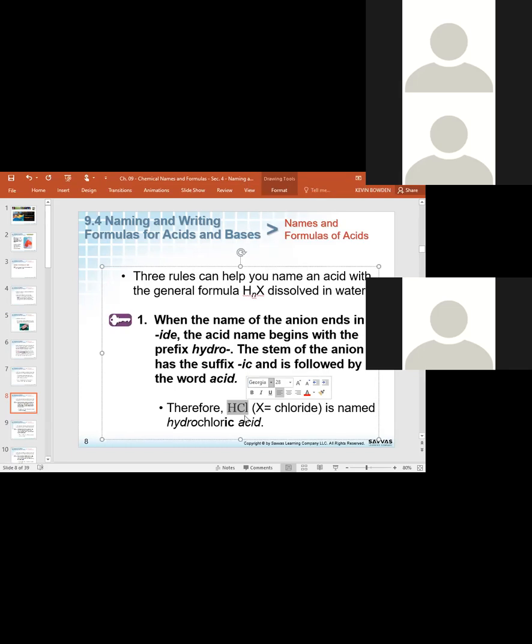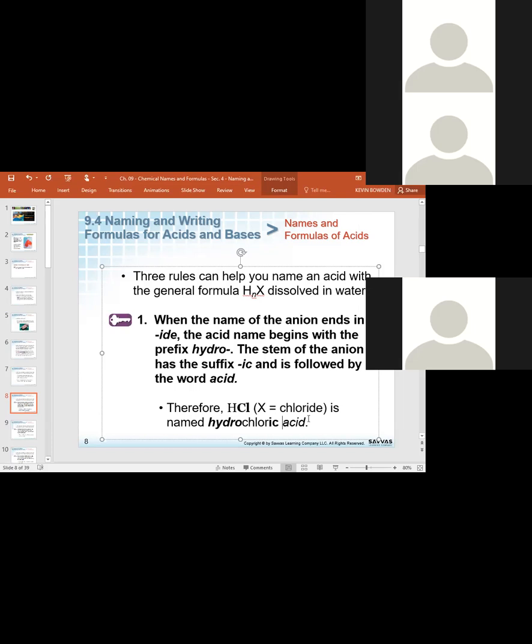So you know it's not HCI. And in that case, the Cl is X, right? That's the anion, and it's chloride. And it's hydrochloric acid, right? So if it's an acid, you say acid.